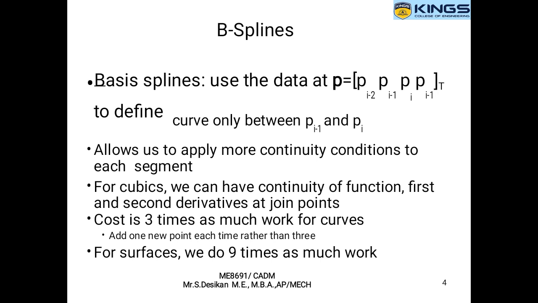So with the help of B-splines, the second derivative at joint points can be obtained. Without B-spline curves, we would have to do 9 times more work for every surface.